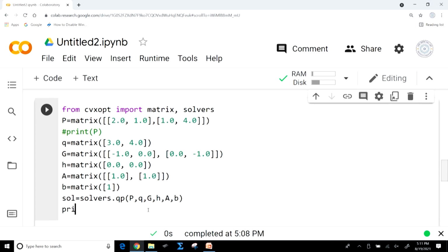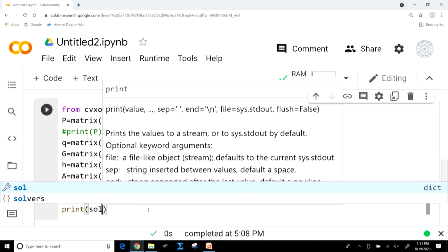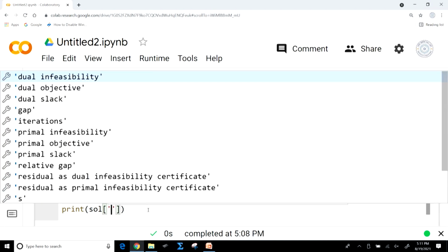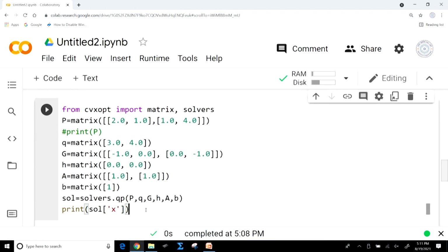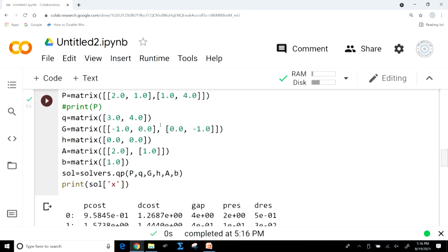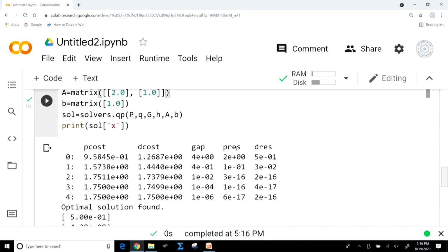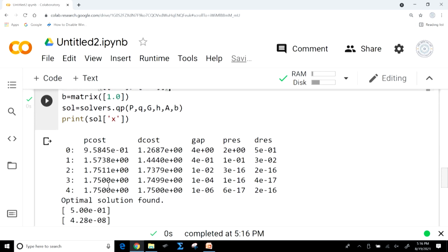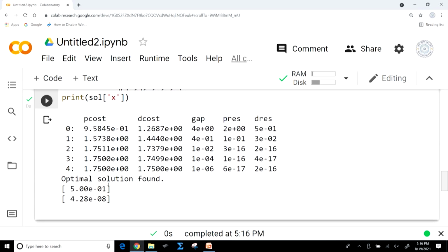Then you simply print the solve result for the optimal solution x, as we did earlier. Now you can run it. You can observe that the value of cost is decreasing, and the final optimal solution you have obtained is this, for this problem.